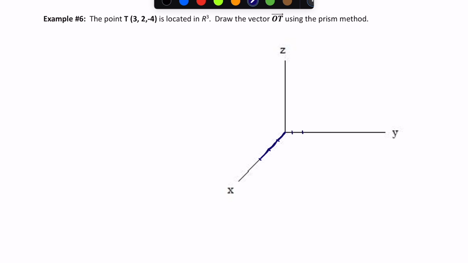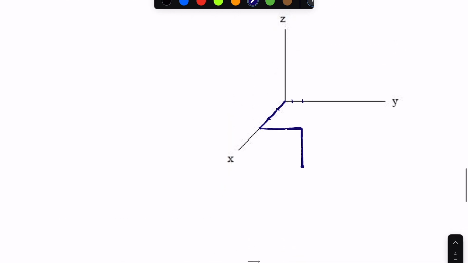So 1 and 2, approximately. It's not going to be exact here. Okay, and then it moves 4 units down on z. So here we just go 1, 2, 3, 4. So approximately point T will be here at 3, 2, and -4.